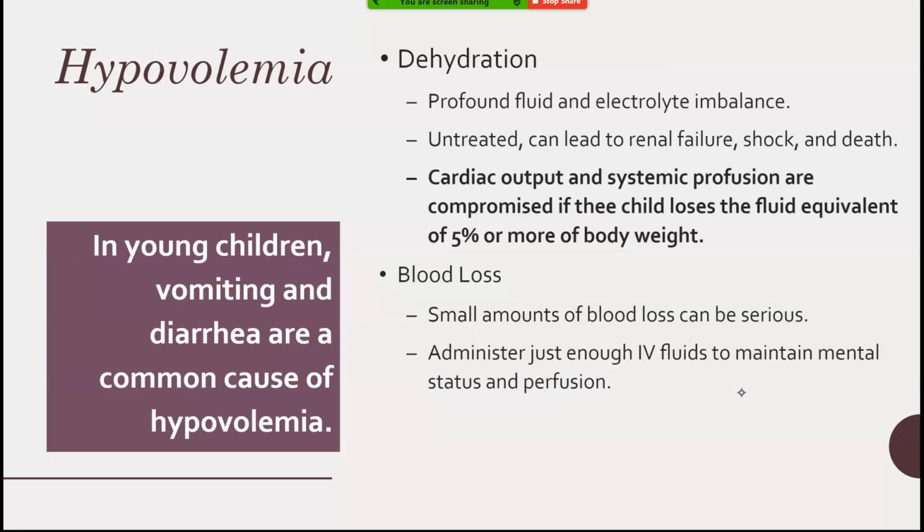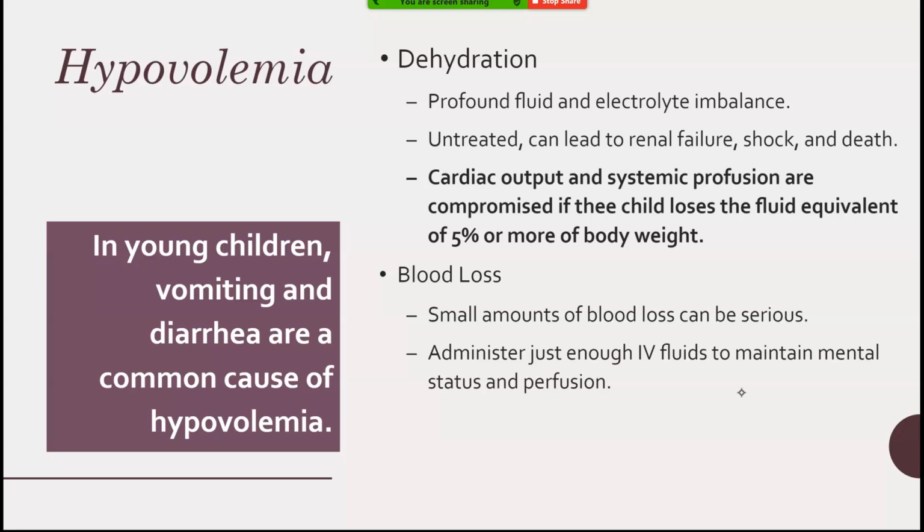In young children, vomiting and diarrhea are most commonly what causes hypovolemia. Again, remember, teeny tiny bodies, teeny tiny blood volume, so it can happen relatively quickly, like overnight, especially if a kid has a lot of the vomiting and diarrhea issues.